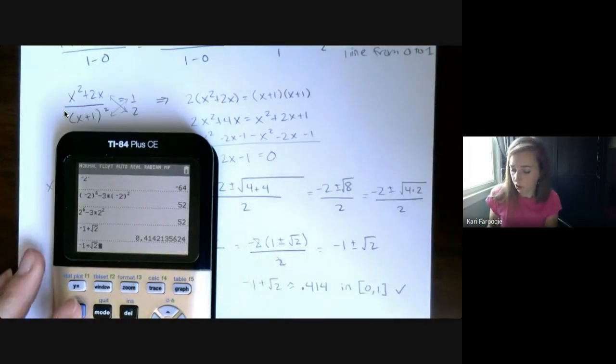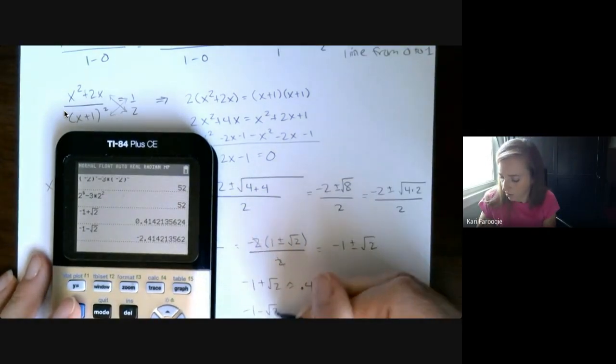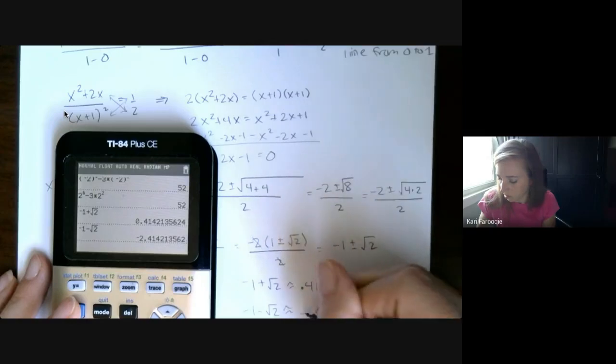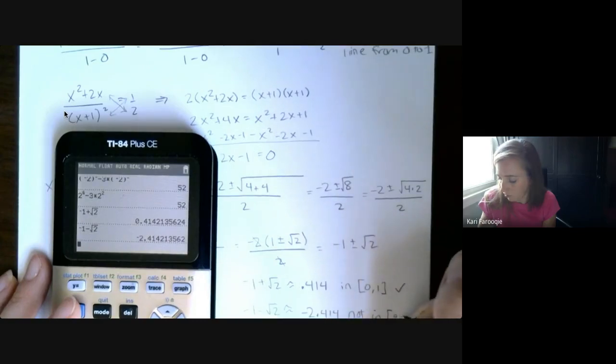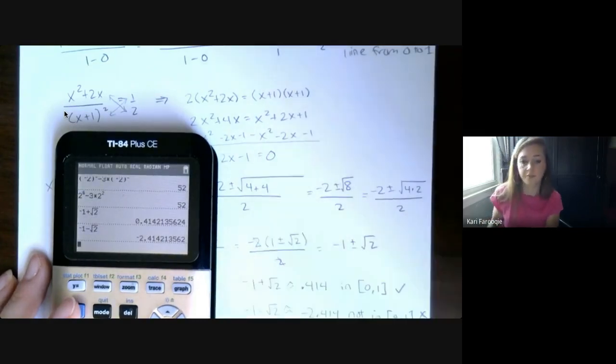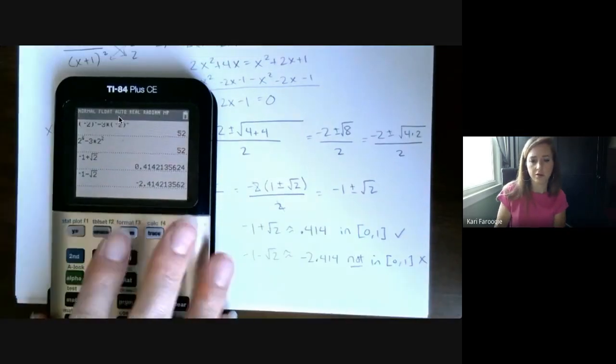Which would lead you to believe that the other one would not be in the interval. So negative 1 minus the square root of 2 is approximately negative 2.414, not in the interval from 0 to 1. Sorry, running out of space here on my desk.